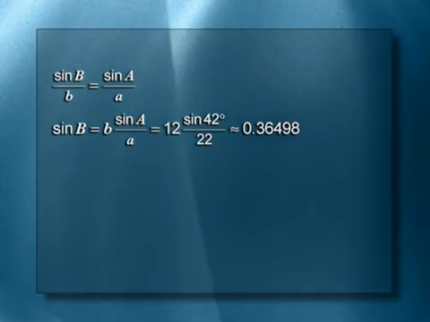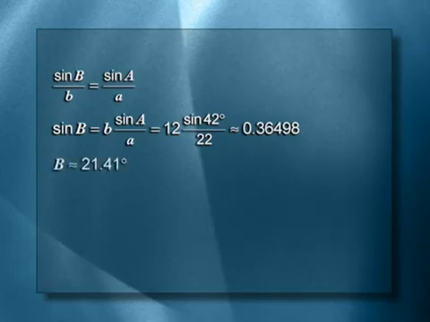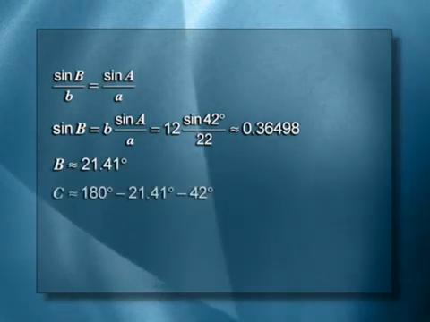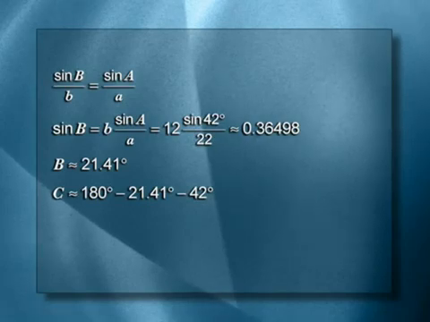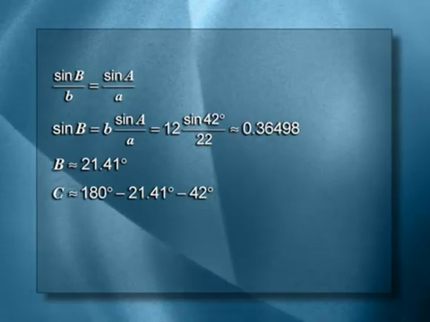We know what sine B is. What's B? Well, we have to use the inverse sine key on our calculator. Knowing the sine, can we find the angle itself? And it turns out to be about 21.41 degrees.